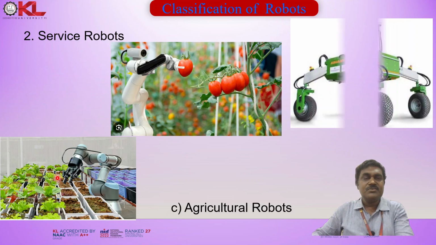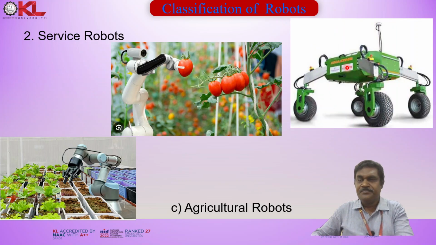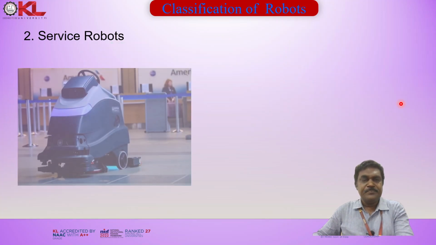In that, you are using these service robots, and you can use the robot for pesticide for the plants. You can spray the required pesticides by using this robot. These come under the service robots.